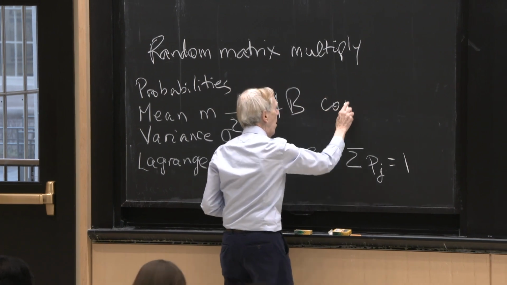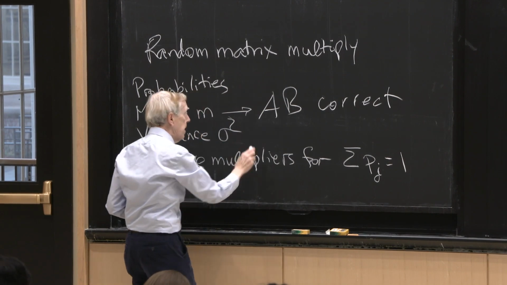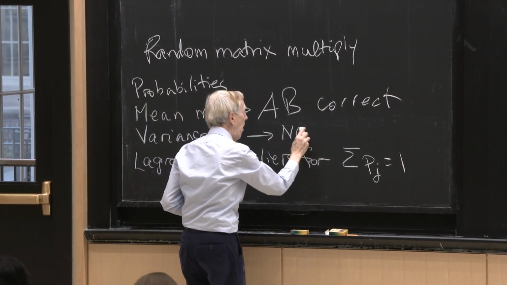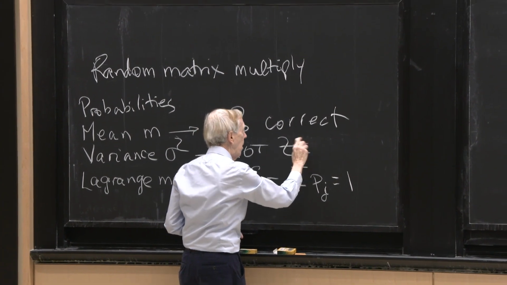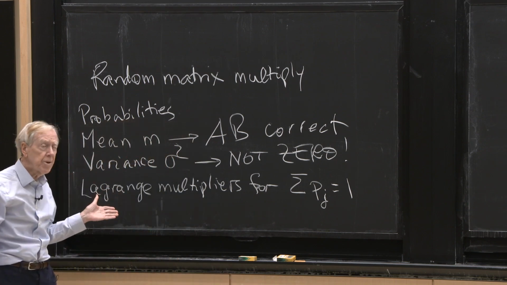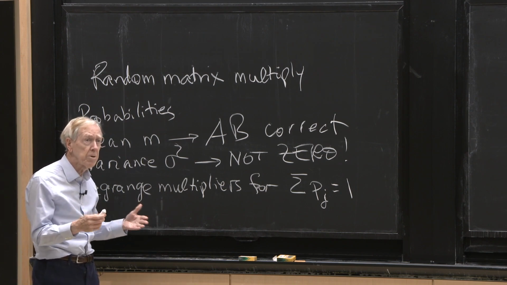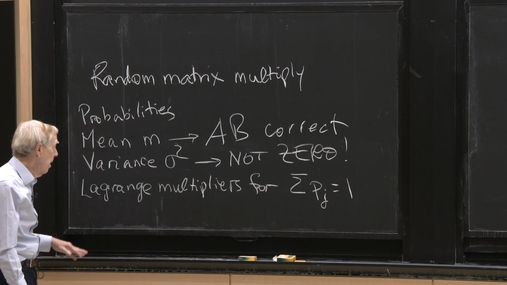Correct. But there's a big variance, not 0. We'll be all over the place with our samples. They'll just average out right, but they'll be all over. No particular sample will be right at all.